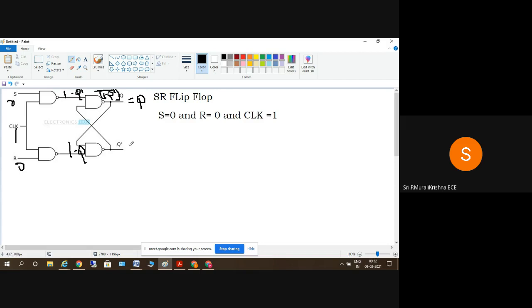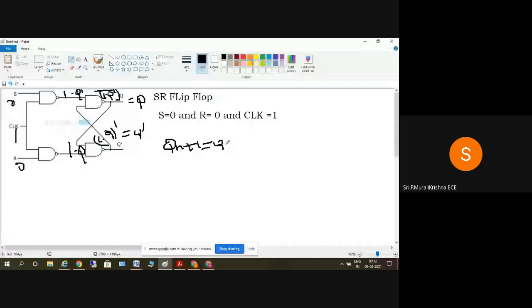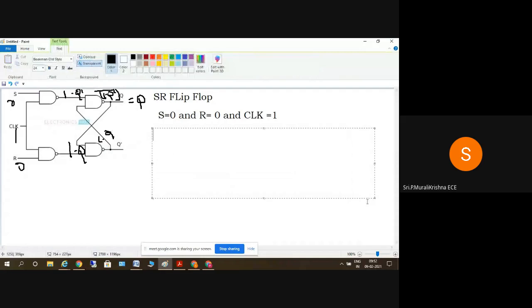And 1 into Q whole bar will be equal to Q bar. So the next state values, Q of n plus 1, will be equal to Q, and Q of n plus 1 bar is equal to Q bar. I mean, there is no change in the state here. Whatever values were present earlier, we are getting the same values. The meaning of this is there is no change in the state. Okay, so this is the analysis part here.